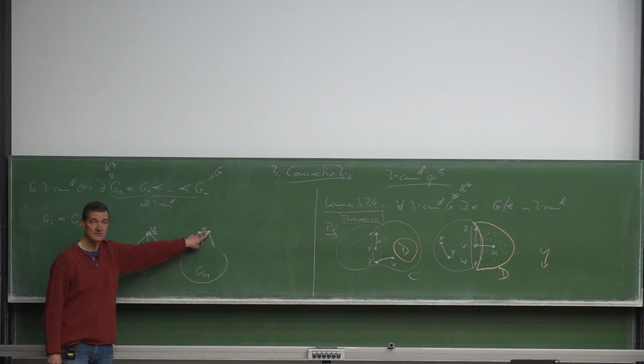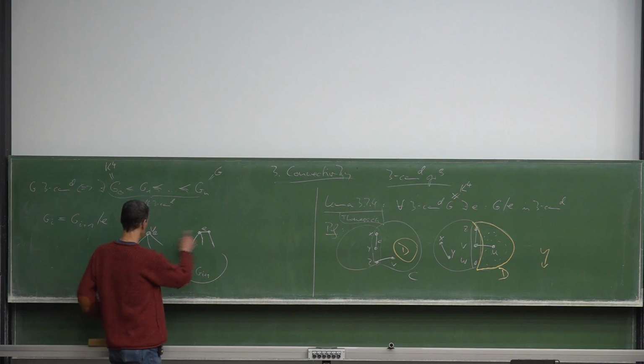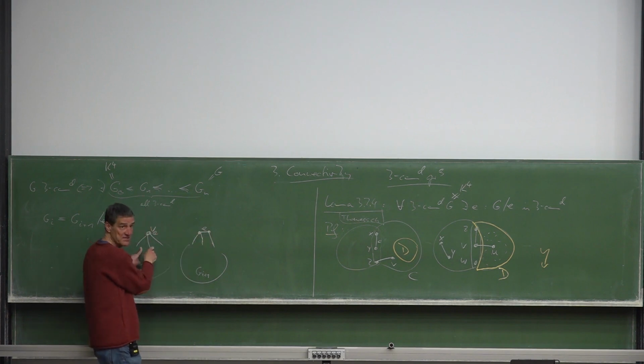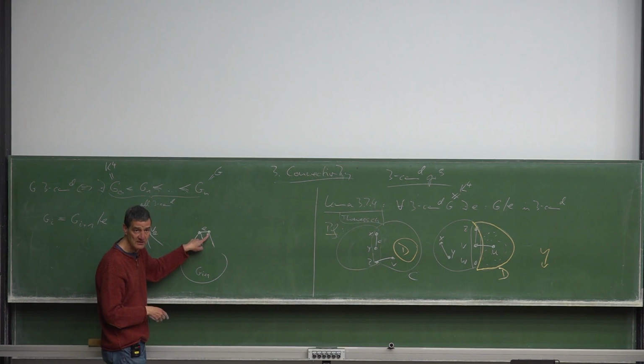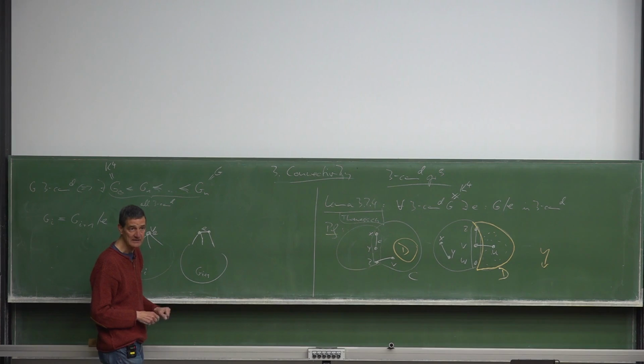It would have a vertex of degree 2. And the assertion now is that as long as we make sure that when we're expanding a vertex to form an edge, such that contracting that edge in the graph that arises gives us this graph, as long as we make sure that this graph has min degree at least 3, then that is again going to be 3 connected, and we can build any such sequence.